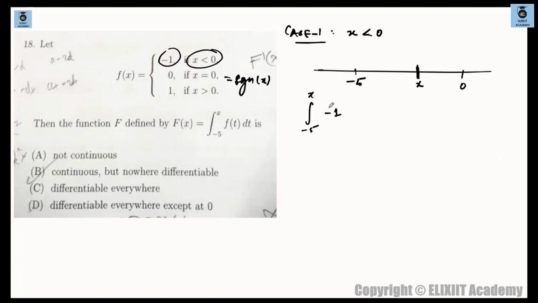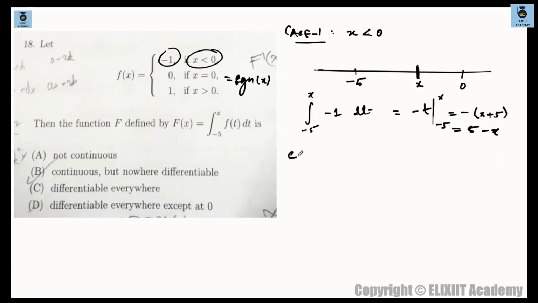So -1 times dt, which is -t, and the range goes from -5 to x. This becomes -(x + 5), which is nothing but -5 - x.